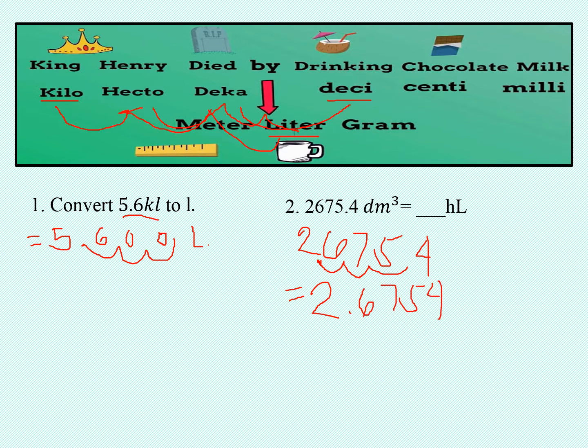Then, yung ating magiging unit now will be hectoliter. So, yung 2,675.4 decimeter cube is equal to 2.6754 hectoliter. So, ganun lang siya kasimple.